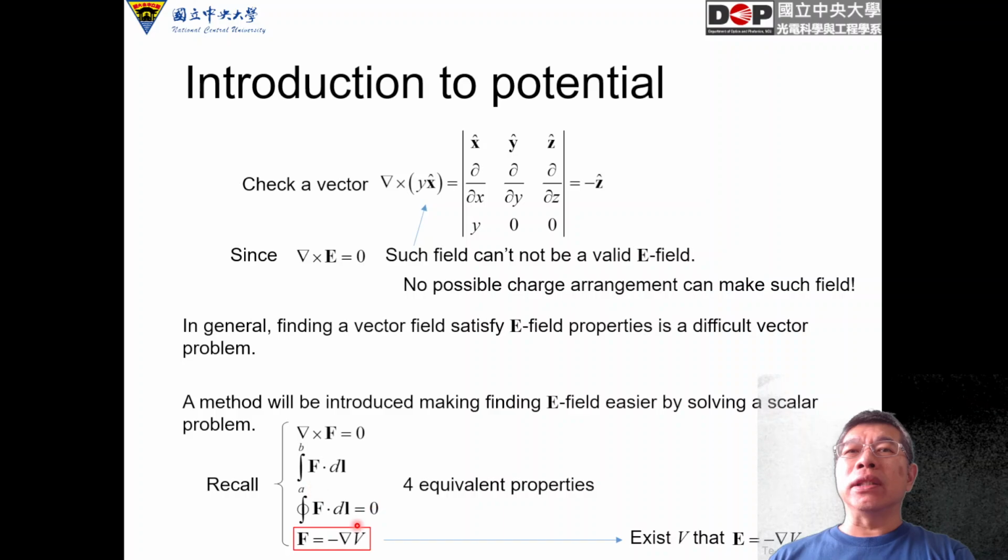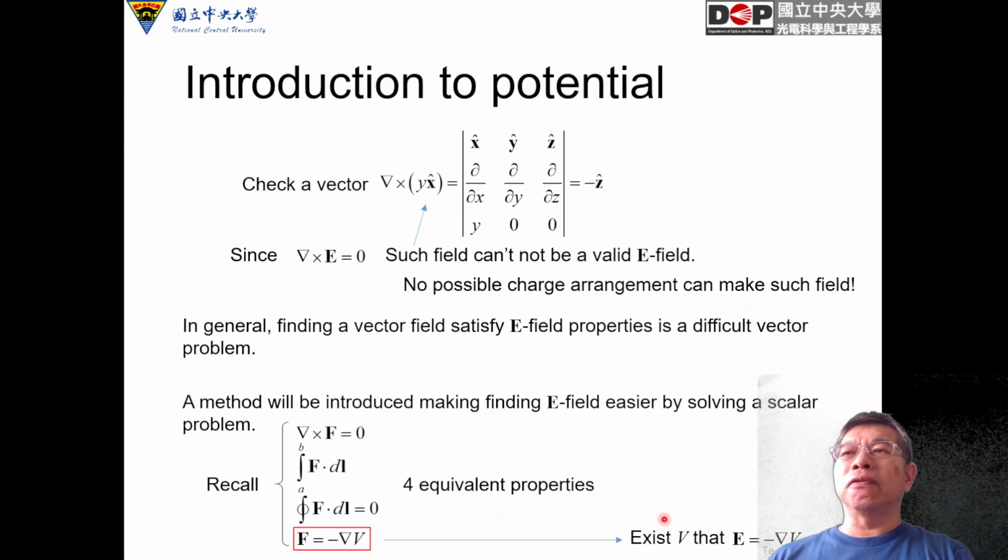The third one is that a loop integral, or closed path integral, will be zero. And the last one is that this vector field is equal to the gradient of a scalar function. We set the negative sign, but it doesn't really matter here. So these four properties are equivalent.